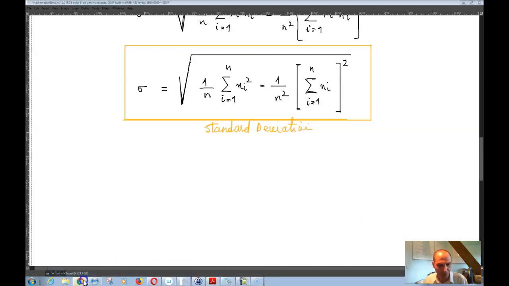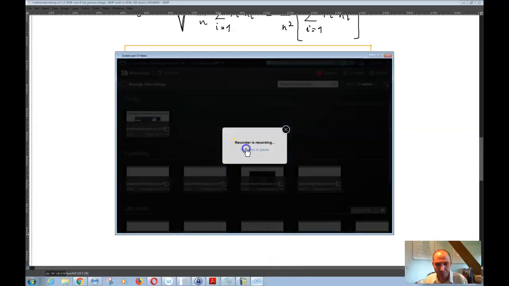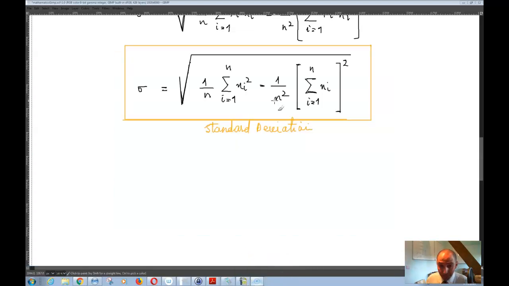Now let's go back to the example and see what we have here. What they have done is that they have written this formula as the square root of 1 over n sigma of x of i squared as i goes from 1 to n.